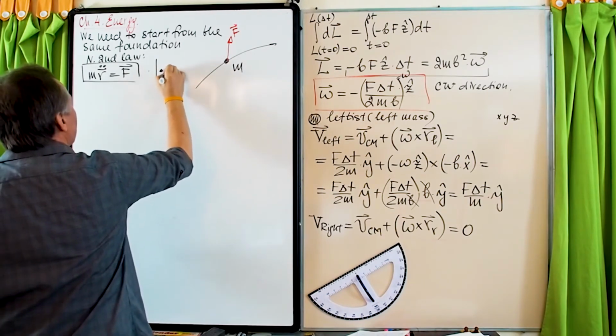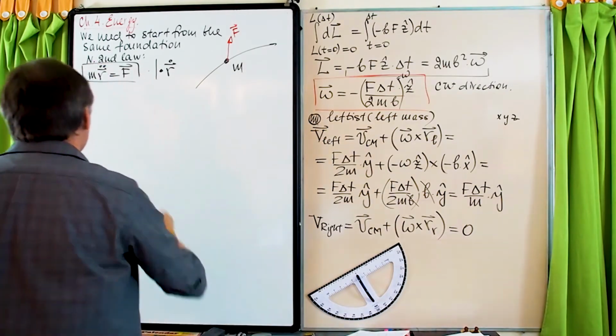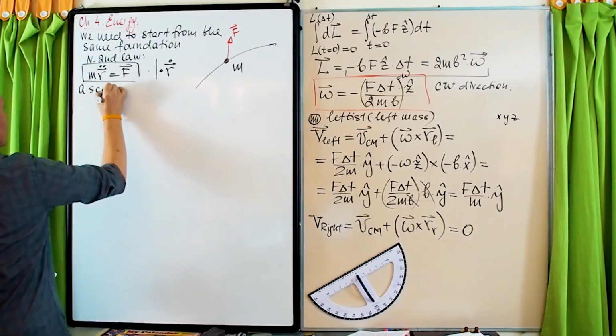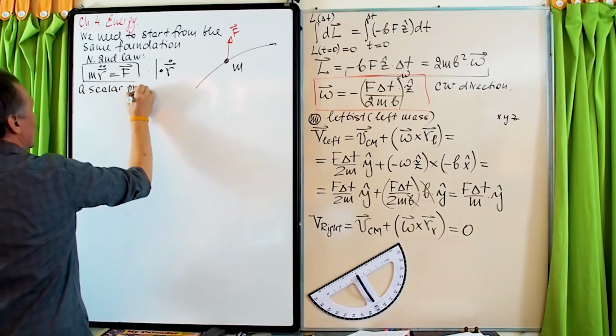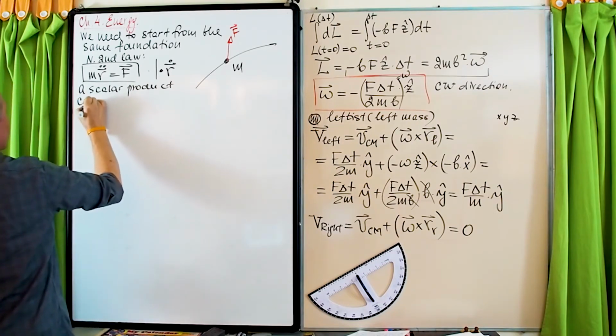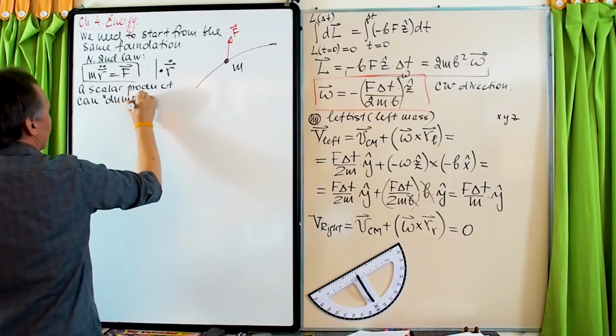Let me dot it with r dot. So a scalar product can dump vectors.